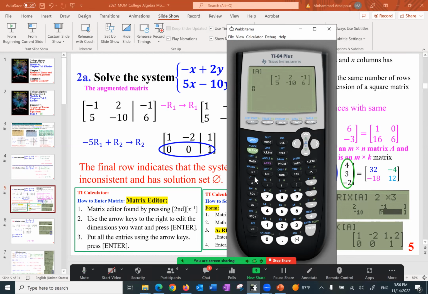If you go second, x inverse, you go to the math, or EF, second, again, matrix A, and it will give you the answer that we have right here.